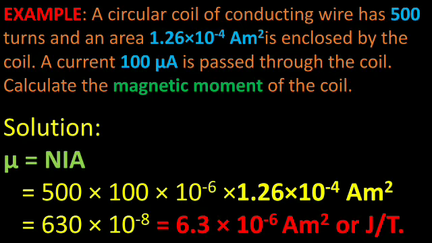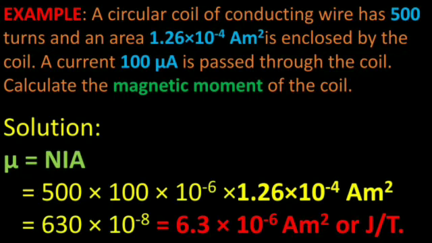So substitute all the values, and after substituting, the final answer that we are getting is 630 into 10 raised to minus 8. That is, if we shift the point, we will have 6.3 into 10 raised to minus 6 ampere meter square, or joule per Tesla. So this is the solution of the above numerical or example. So this is how you are going to calculate the magnetic moment of the coil.